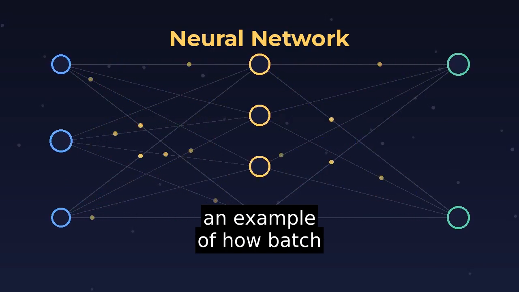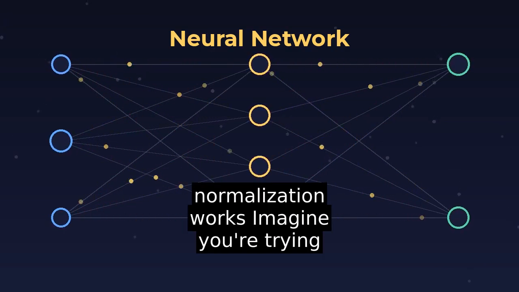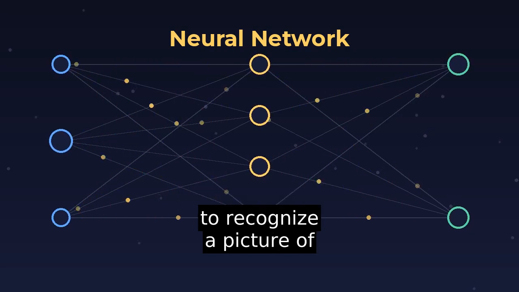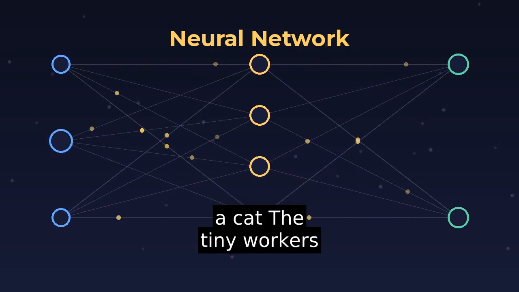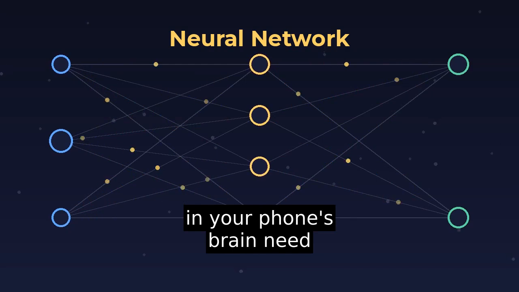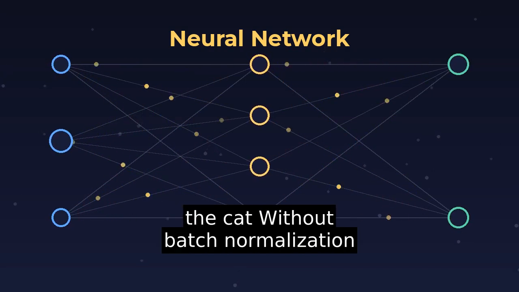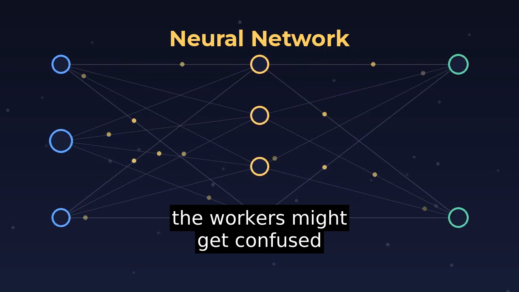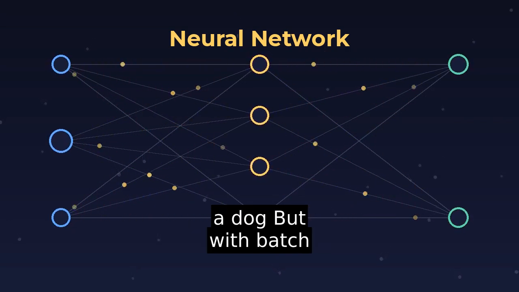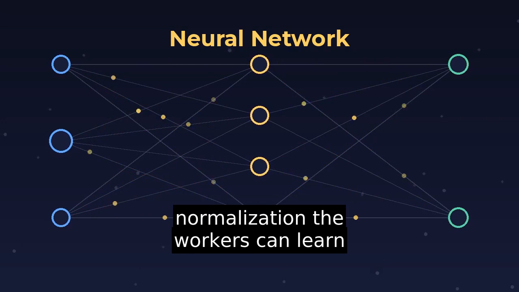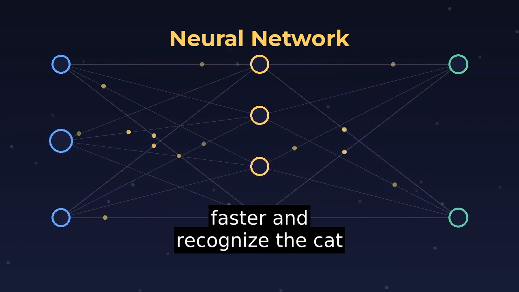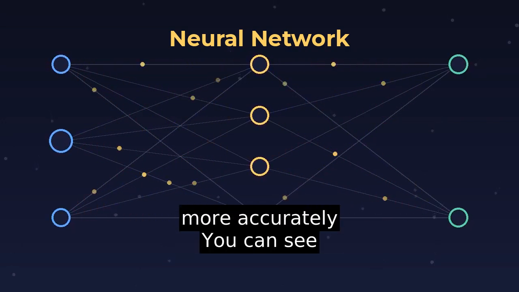Let's see an example of how batch normalization works. Imagine you're trying to recognize a picture of a cat. The tiny workers in your phone's brain need to work together to recognize the cat. Without batch normalization, the workers might get confused and recognize the cat as a dog. But, with batch normalization, the workers can learn faster and recognize the cat more accurately.